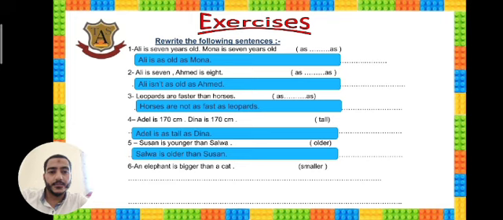An elephant is bigger than a cat. Use smaller. The same idea as number 5. Did you notice the word bigger here? Why do we double the letter G?